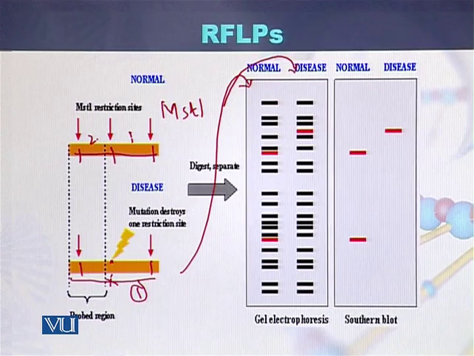When we run the DNA on the gel, we see two fragments, fragment 1 and fragment 2, in the normal individual. While in the individual who has developed a disease, due to the mutation, the site which was present in the middle has been destroyed, so there will be only a single band.